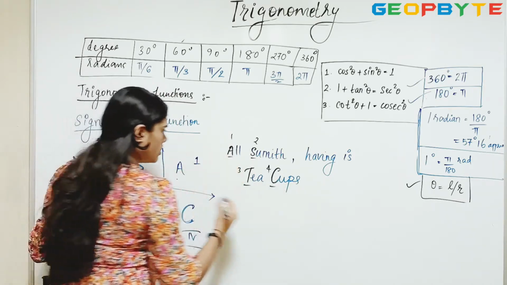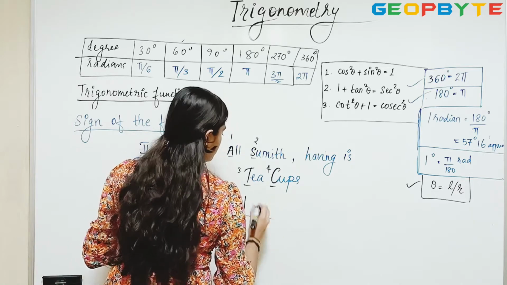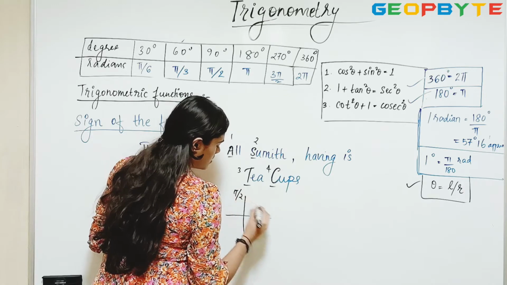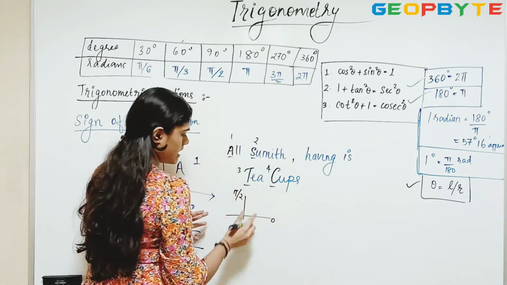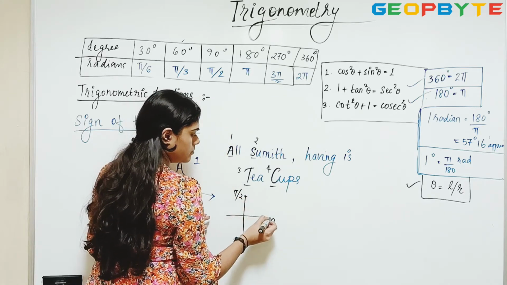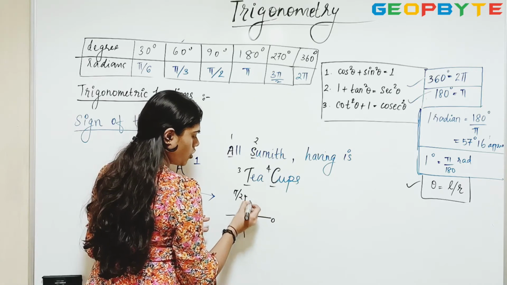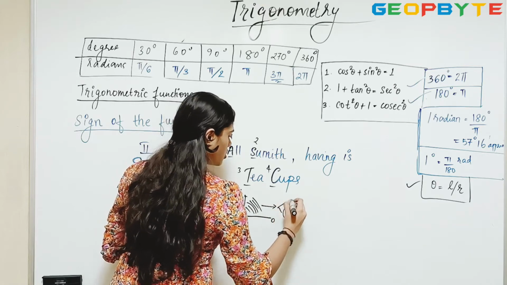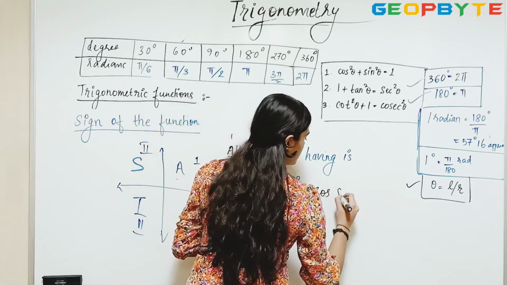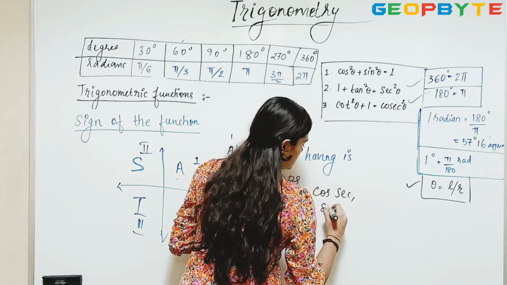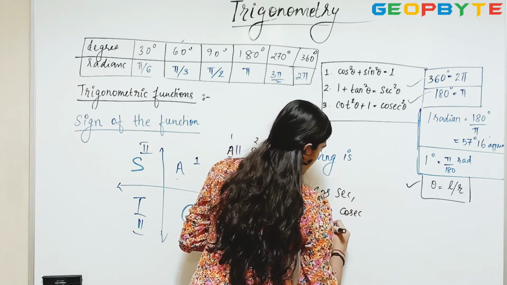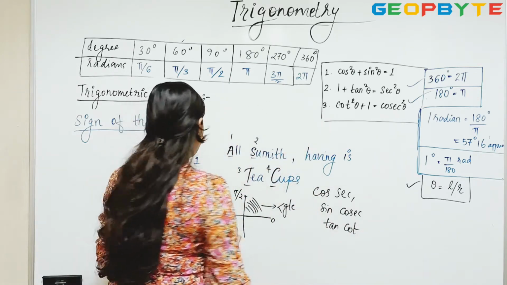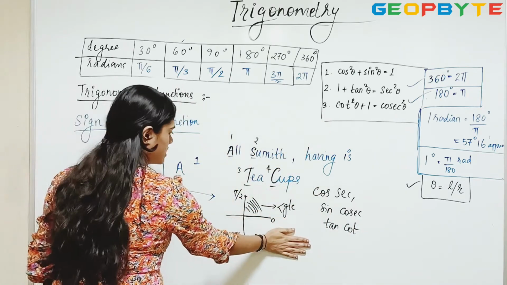A means all. All are positive. That is, all the angles less than 90 degrees, between 0 and 90 degrees, will always be positive, be it cos, sec, sine, cosec, tan or cot. All will be positive. This is the first quadrant case.